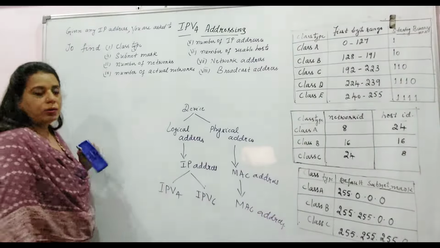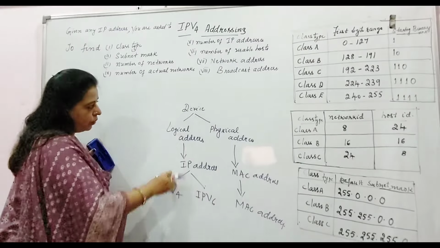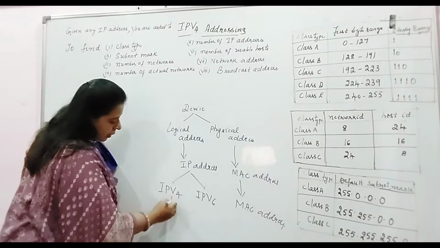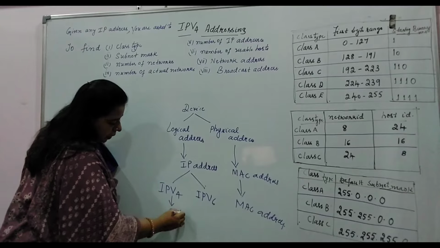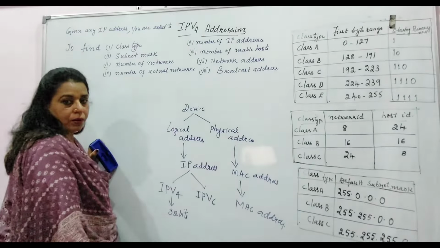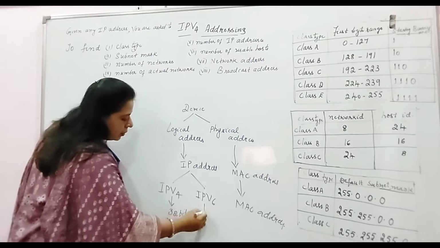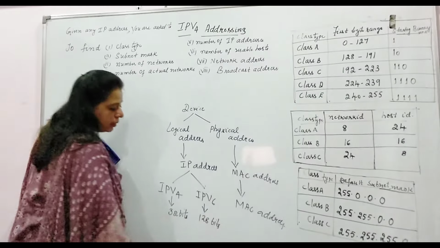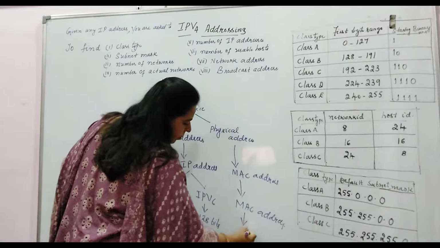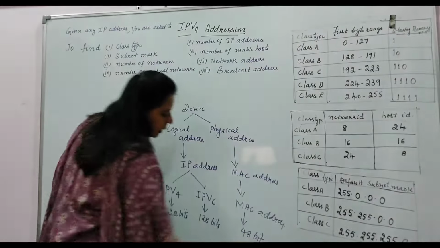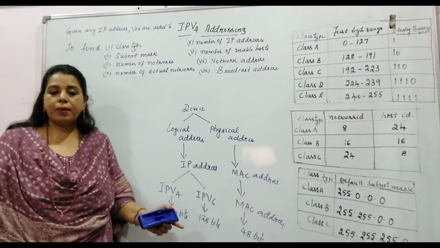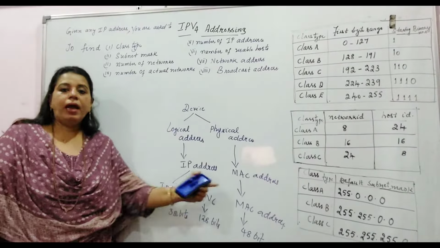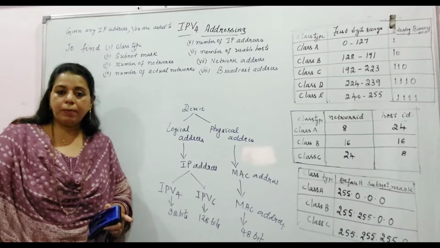Now this way you try to remember the flow for the addresses. 32 bits are used to denote an IPv4 address. 128 bits are used for an IPv6 address, whereas MAC address is how many bits? 48 bits are used to represent a MAC address. So 32 bits for IPv4, 128 bits for IPv6, and 48 bits for a MAC address.